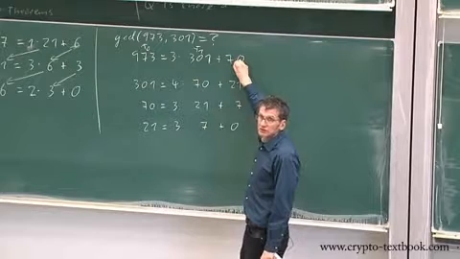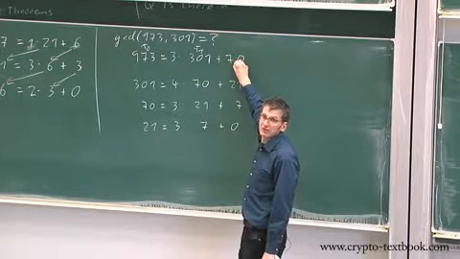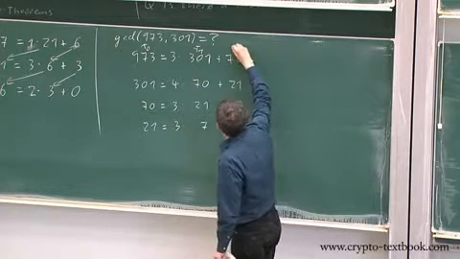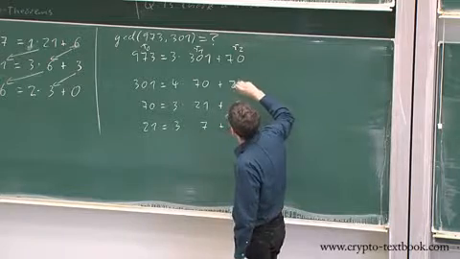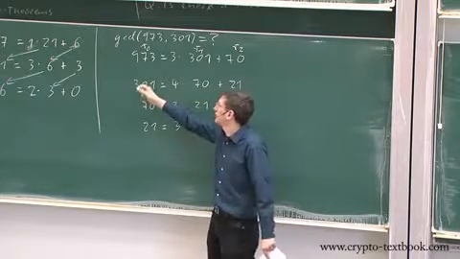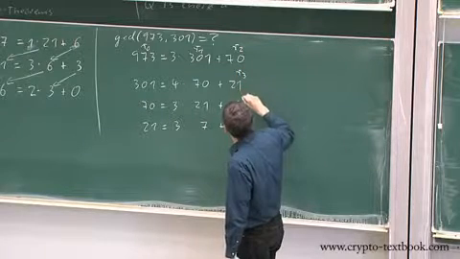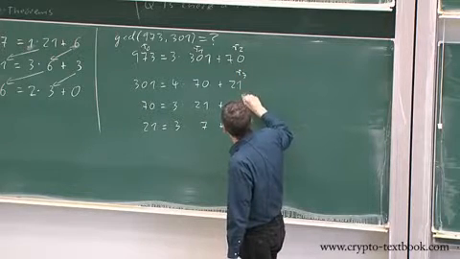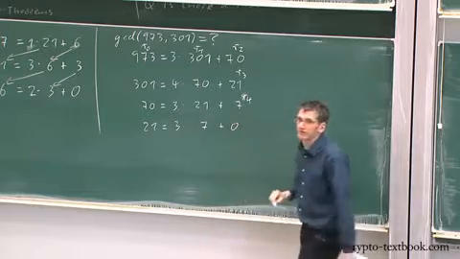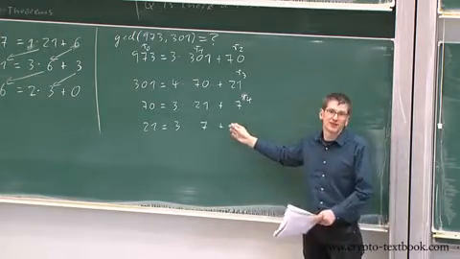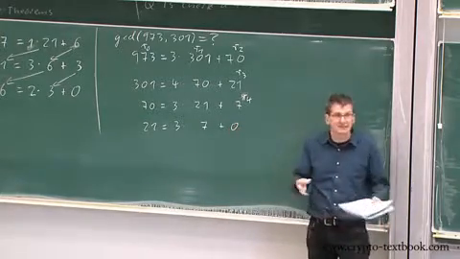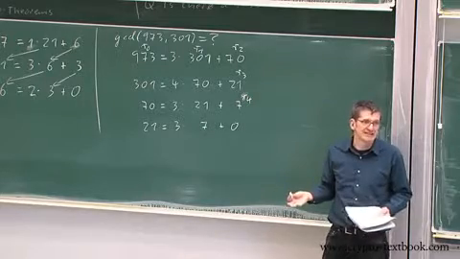This is the first new remainder, the first new number. So this we call R2. Now you're operating on R1, R2. The new remainder becomes R3. This becomes R4. And then R5 would be 0.